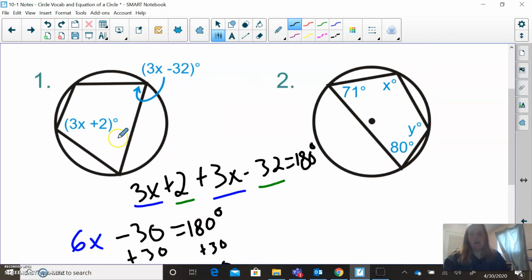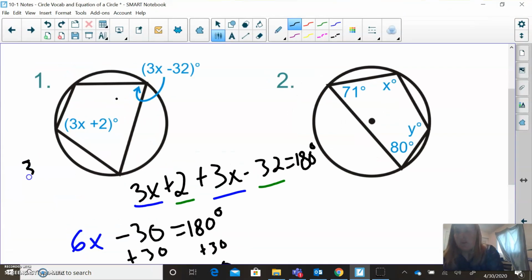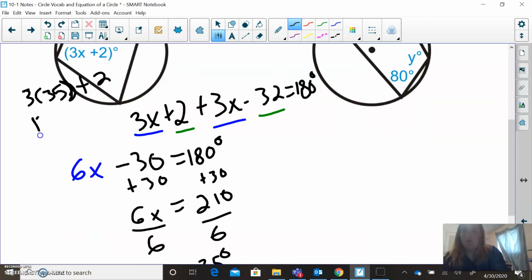We need to plug it back in. So we're going to do 3 times 35 plus 2. So 3 times 35 is, oh man, hold on. So that's 105 plus 2, and that is equal to 107 degrees.